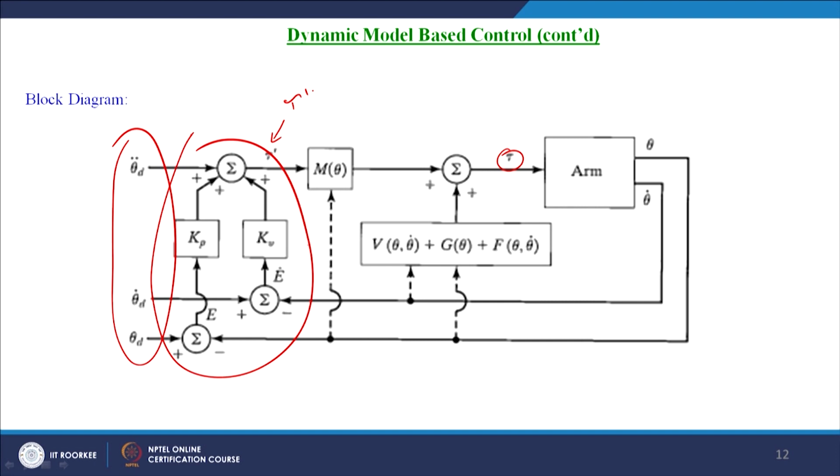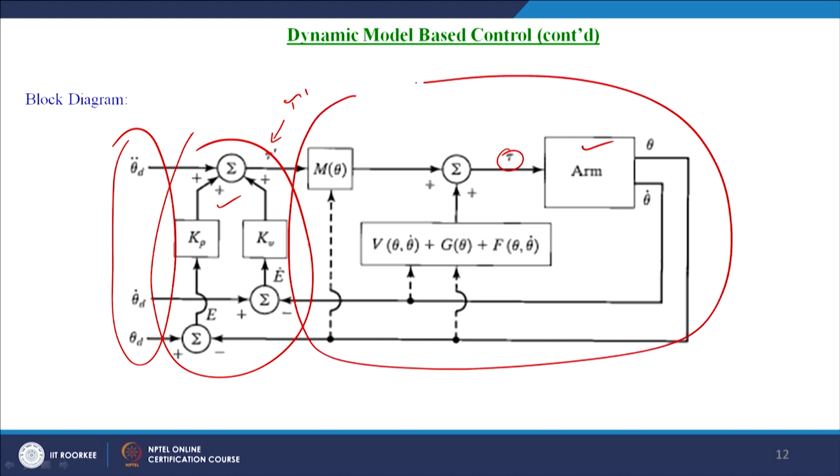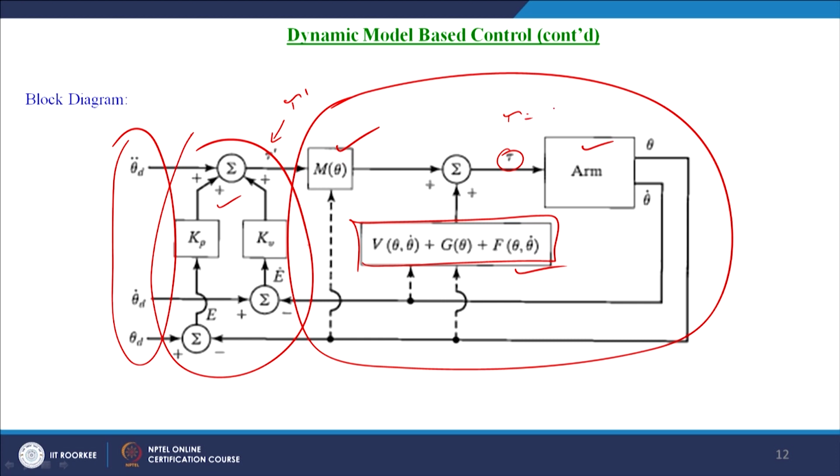So, the servo law is here, which takes care of the actual position of the robotic system, and this is the portion which is the model based portion. So, we have the dynamic model here. When we add this inertia matrix with the rest of this portion, we get the tau, which is basically the dynamic model of the system.